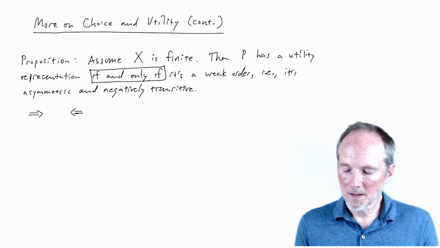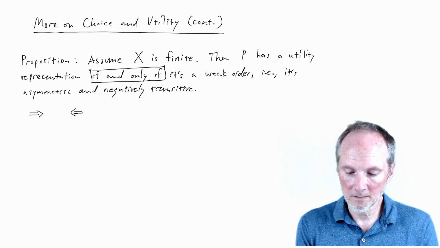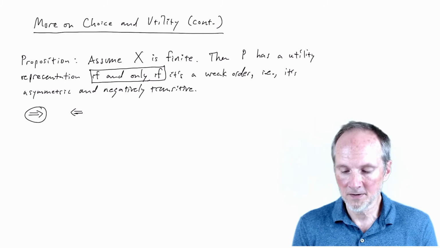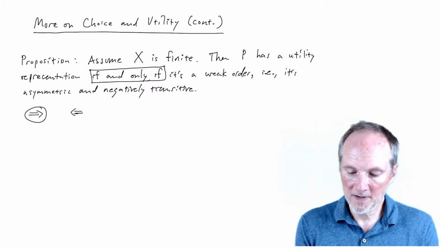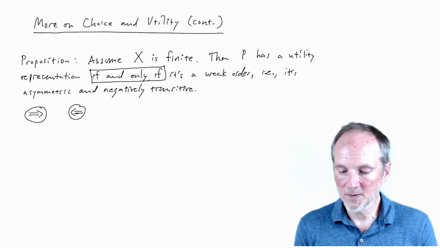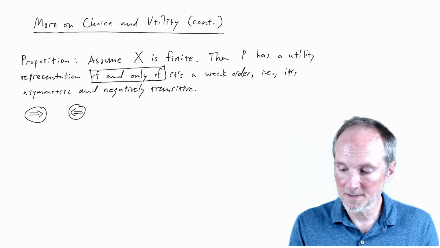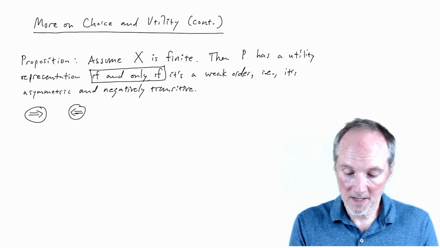Last time we proved if P has a utility representation, then it's a weak order. So we proved the left to right direction, and what we have to prove now is the right to left. The first direction did not use the assumption that X is finite, but we will now.